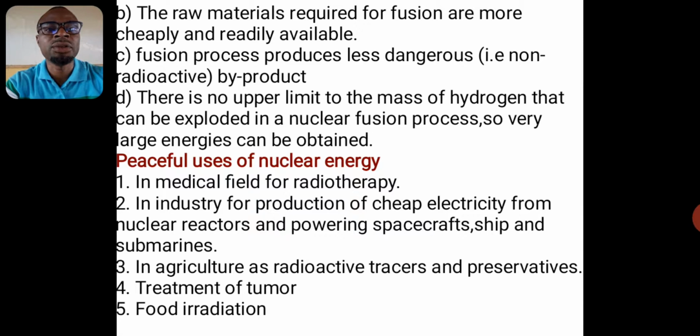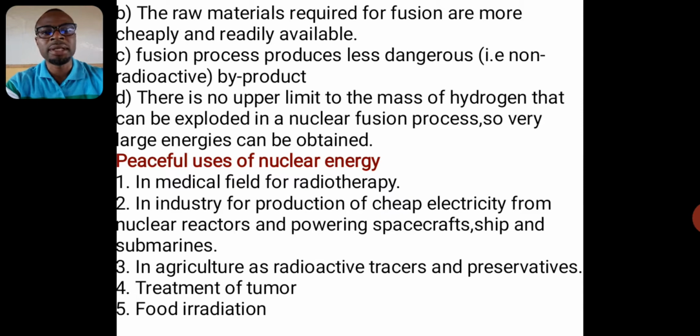Number three, the fusion process produces less dangerous, in other words, non-radioactive byproducts. And finally, number four, there is no upper limit to the mass of hydrogen that can be exploded or produced in a nuclear fusion process, so very large energies can be obtained.